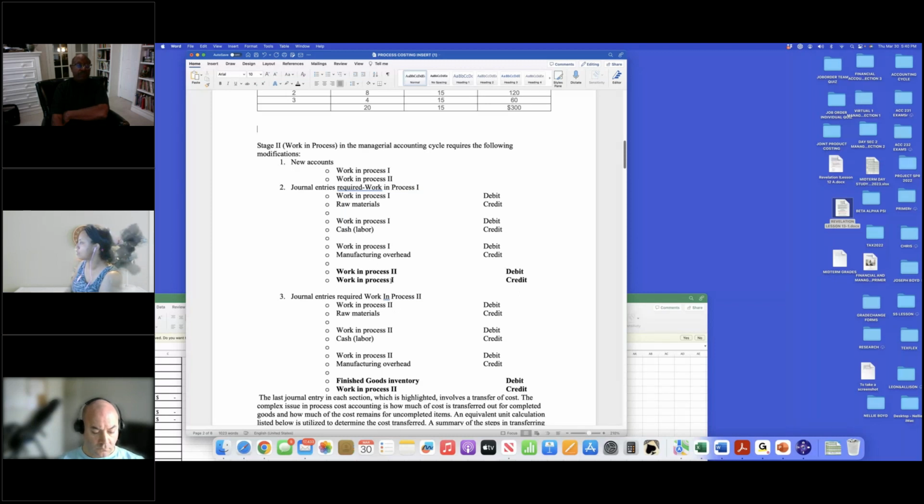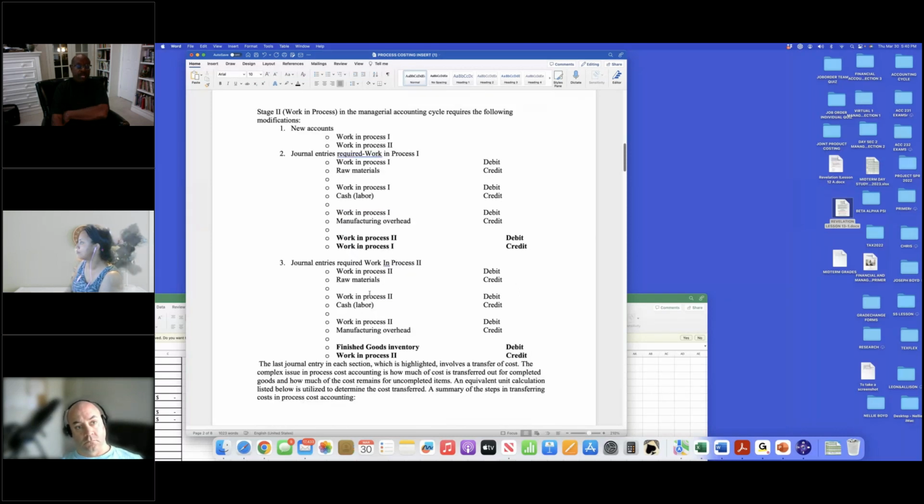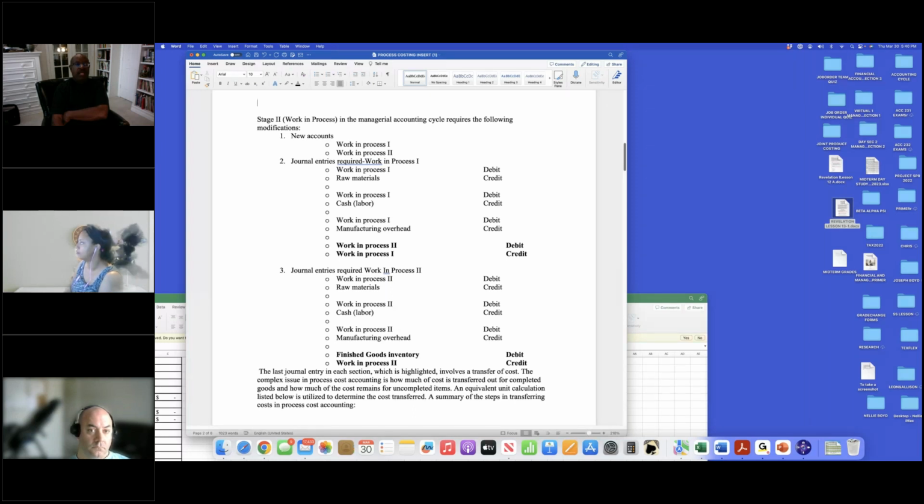Then we go to work in process 2. We add more raw materials, labor, and overhead, and then we have to determine how much we're going to transfer to finished goods. So in work in process 1, raw materials, labor, overhead, how much of that cost is transferred to work in process 2? Some more raw materials, labor, and overhead are added to determine how much goes to finished goods.